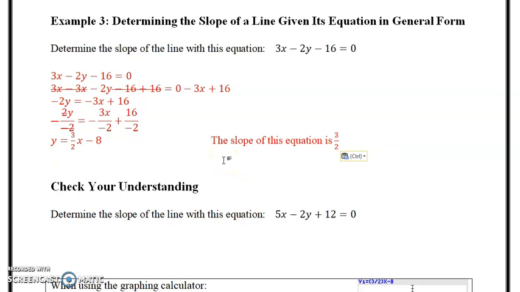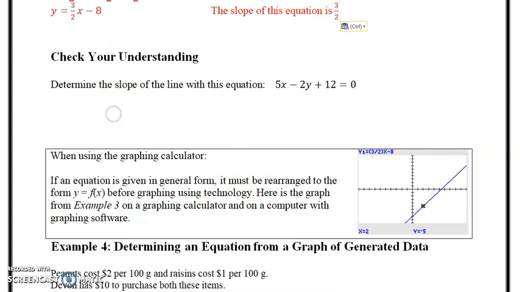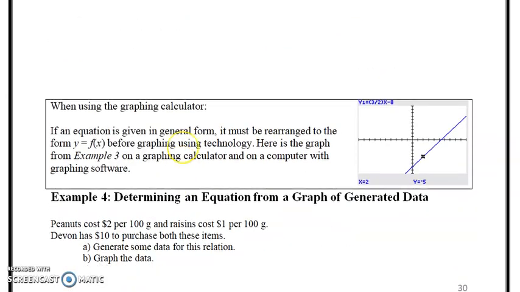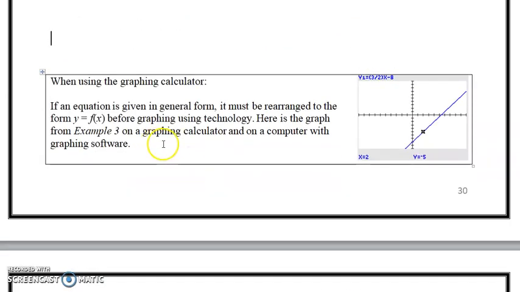So it's just solving for the variable to obtain that. You can check your understanding that goes along with that. We're going to look at the graphing calculator. It's important to remember that before using your graphing technology, everything has to be in y equals. So that example we just did is very important. Now, Desmos is very interesting in that we don't have to do that, which is great.